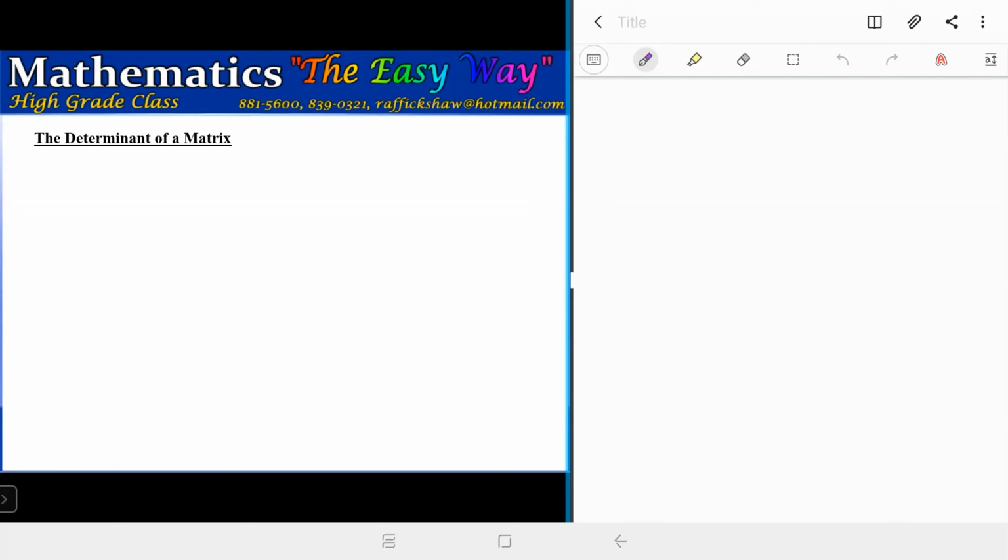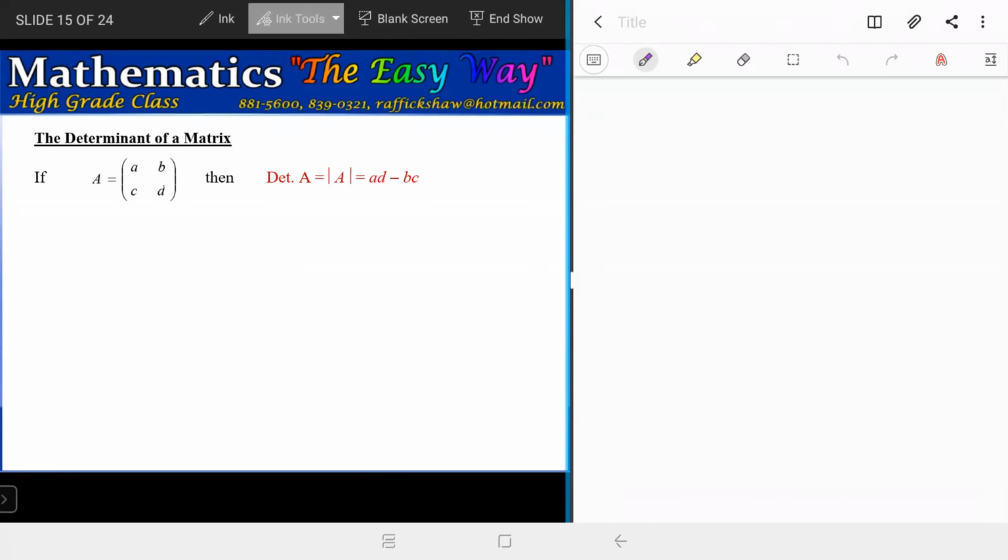But for now, how do you calculate the determinant? If your matrix is A, B, C, D, then the determinant is equal to the product of the elements on the leading diagonal, that is AD, minus the product of the elements on the following diagonal.